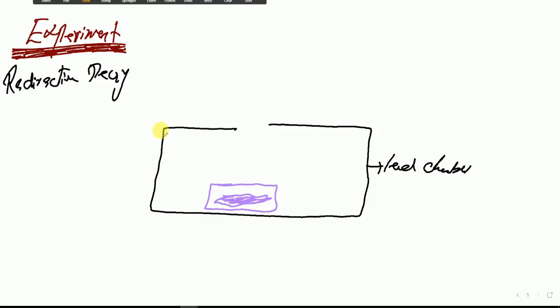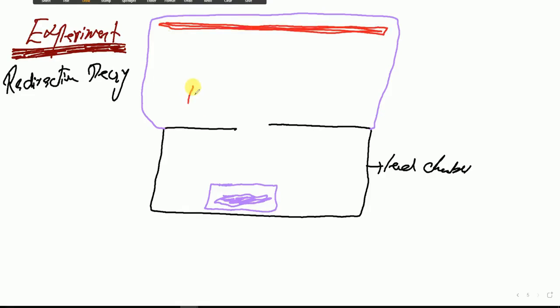Okay, outside this box we also place another box, and we also place the photographic plate. Here we place the potential difference electrodes. This is the negative electrode, cathode, and this is the positive anode. Okay, so due to this radioactive element, radiation is emitted all the time on all sides. But here we have a lead chamber, so this region is open.